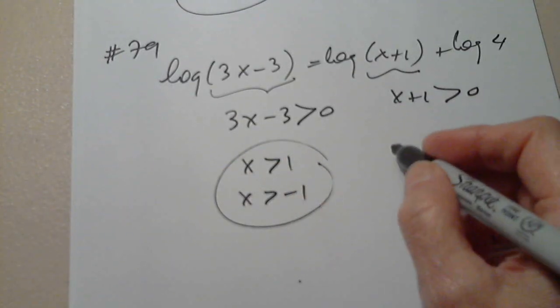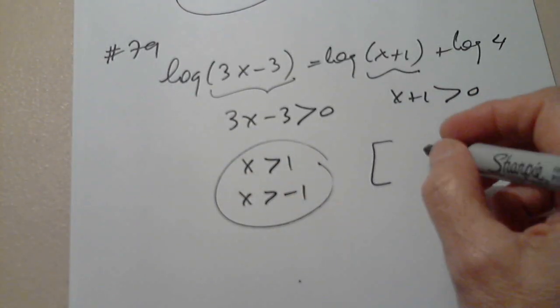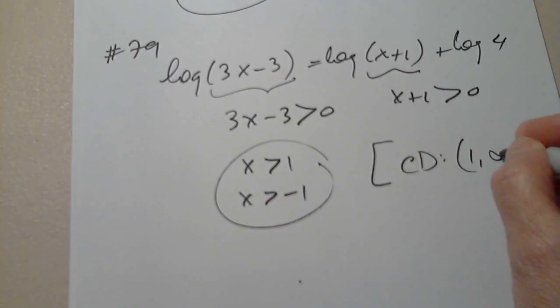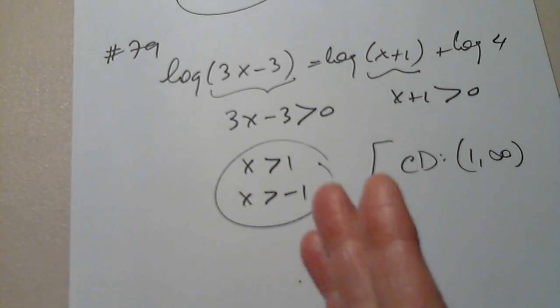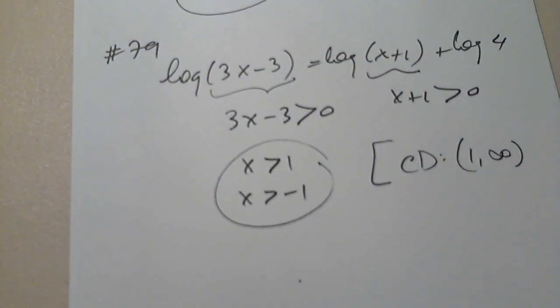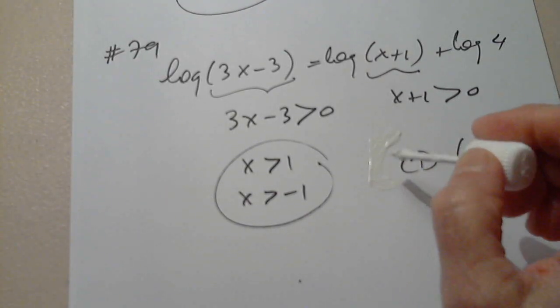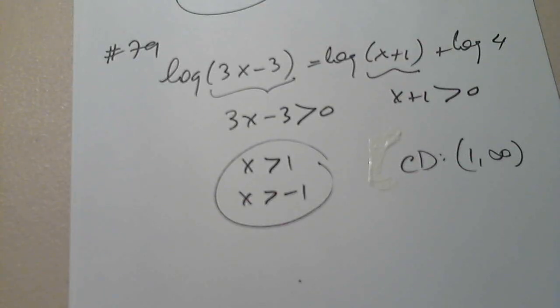The common domain is 1 to infinity. How do I know? Negative 1 to infinity, 1 to infinity, they overlap at 1 to infinity. Good. So if I don't get a solution that is a number strictly greater than 1, I cannot accept it.